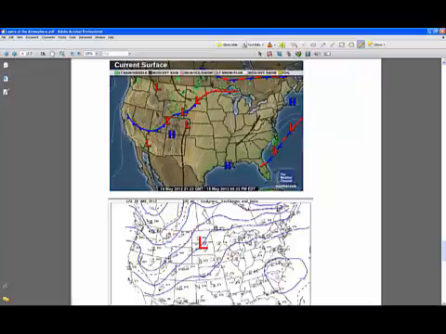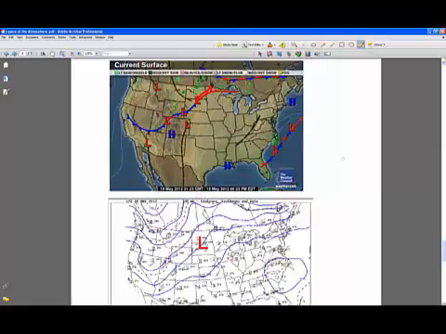So the surface low itself is going to move at half the speed of the 500 millibar winds, and so that surface low is going to move roughly 10 knots, or 10 nautical miles per hour. So this surface low will move 10 miles per hour to the northeast, dragging its front along.